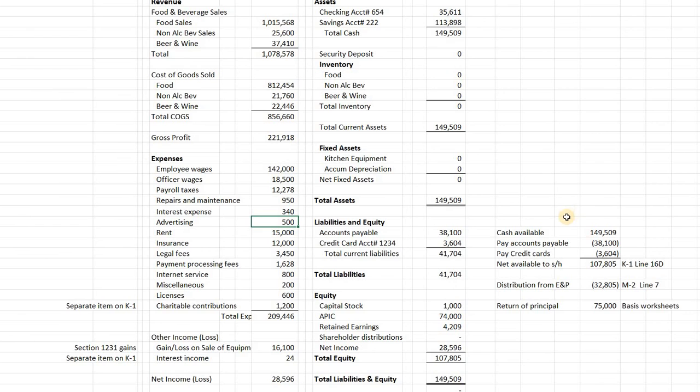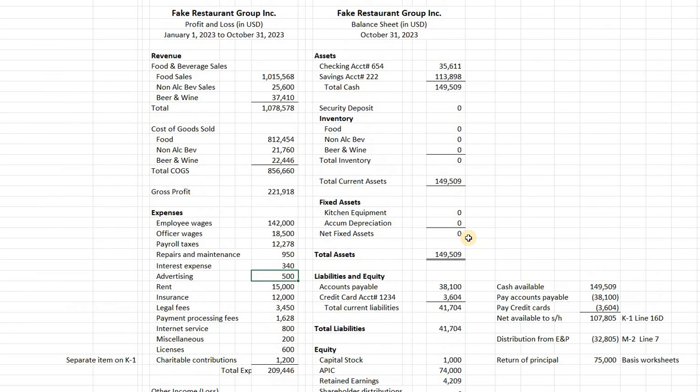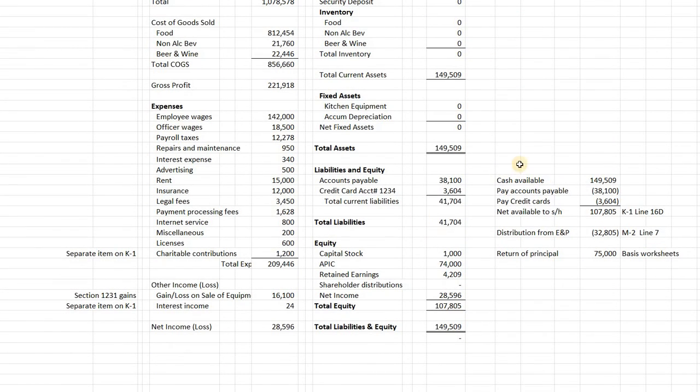So if we look at our balance sheet, this is effectively our balance sheet right before we actually made those distributions to cover the debts and pay the shareholders whatever's left over. We can see we've got a bunch of cash left over up here, and so I've put this reconciliation on the right-hand side to show how everything was paid out.